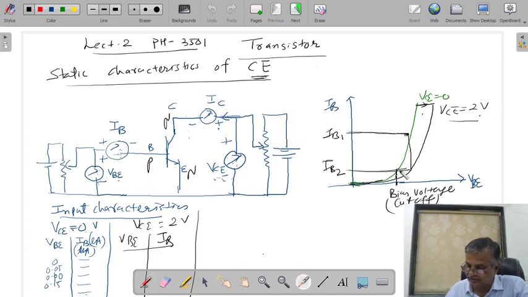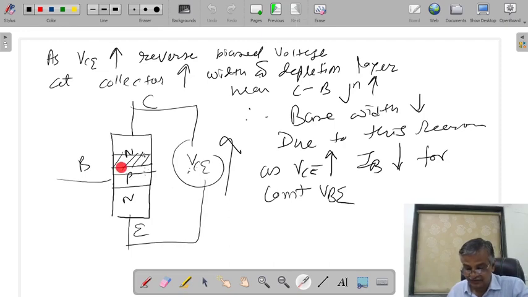See that as VC increases, base current decreases from IB1 to IB2. What is the reason? Reason is that as this voltage increases, your depletion layer between collector and base increases. As a result, width of the base decreases, so base current decreases for a fixed value of the VBE.